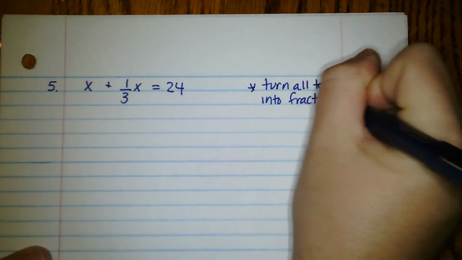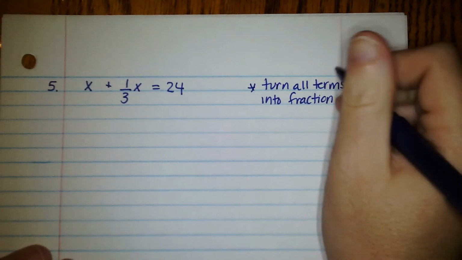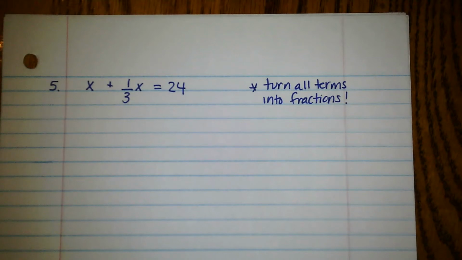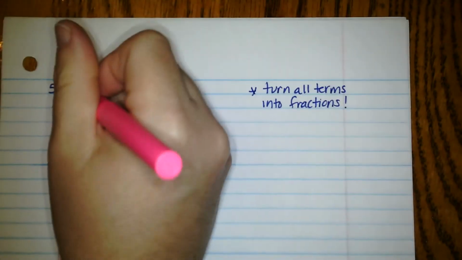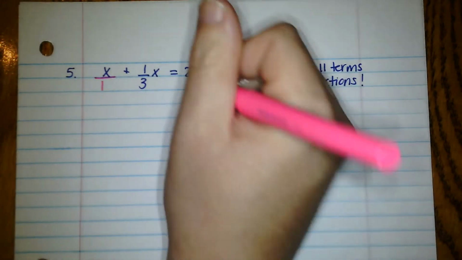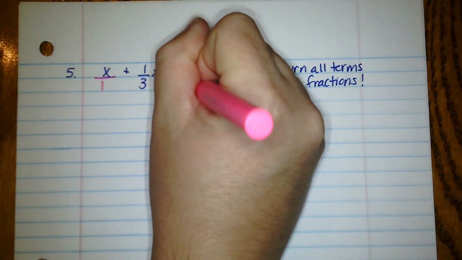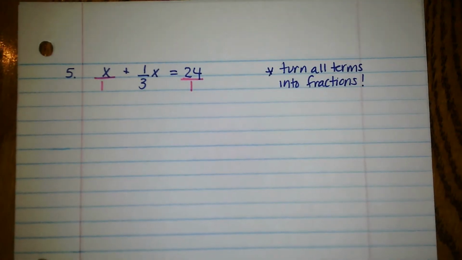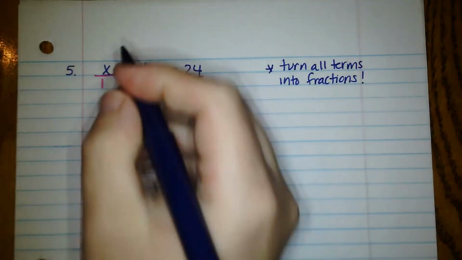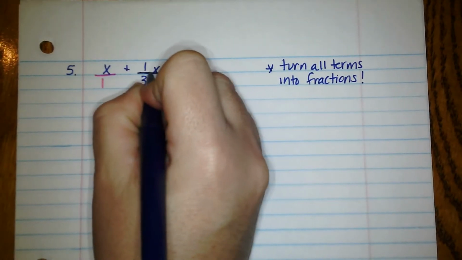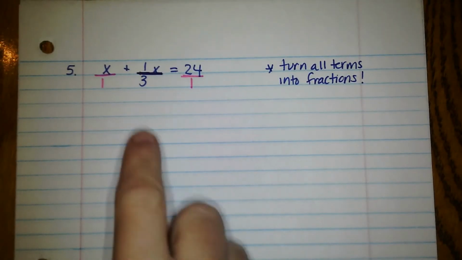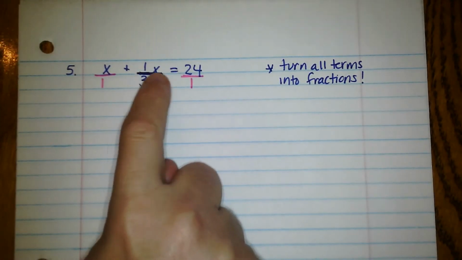Whenever you see a fraction, you want to create a common denominator. So I'm going to put this x over 1. I'm going to put this 24 over 1. And remember what I said before, this 1/3 x means that these are attached. So I'm just going to extend this out so that it's longer, so that you know that the x belongs on the top.